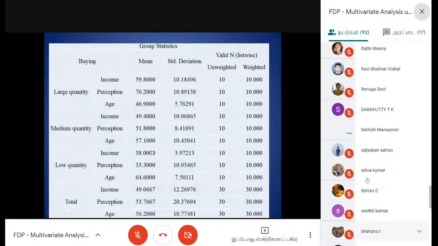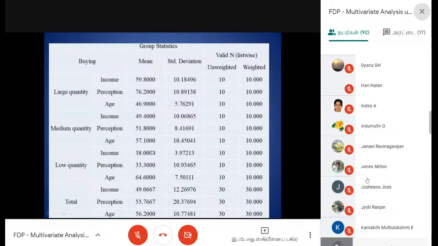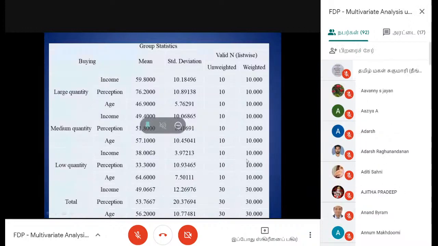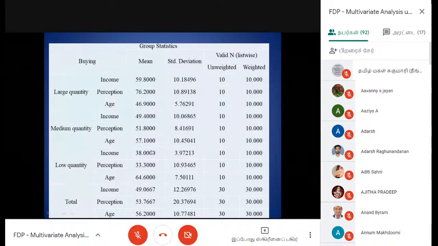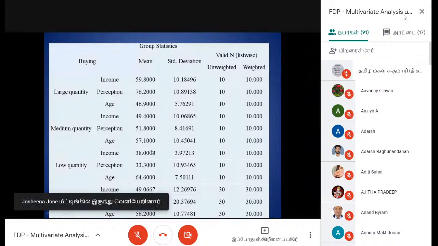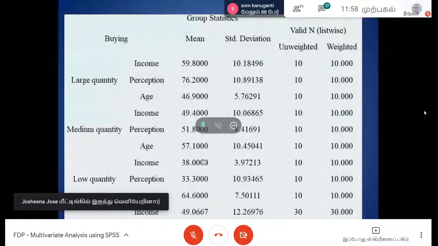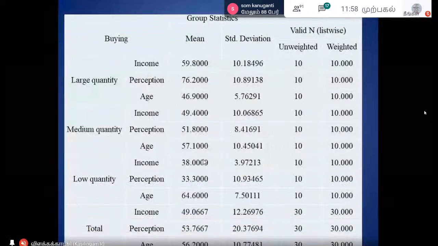We will generate a function based on the variables which are making a difference in group means. Group means, not within. Now here, in the income, within a group also there will be some difference. If you use that, you will be confused. So which variable is creating the difference between groups?